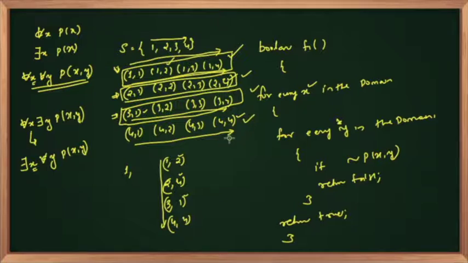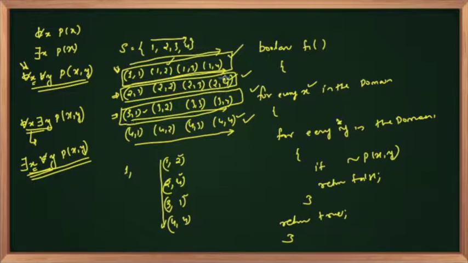So out of these 4 rows, at least one row should be completely true. Is that clear to everyone? So remember this: for all x, all y, every pair should be true. For all x there exists a y, that means in every row at least one pair should be true. There exists an x for all y, that means there exists at least one row which is fully true.